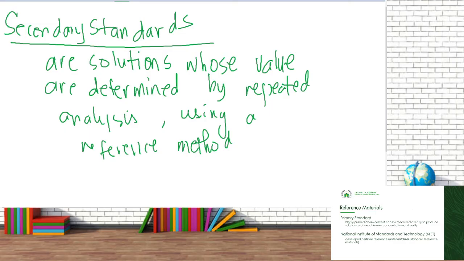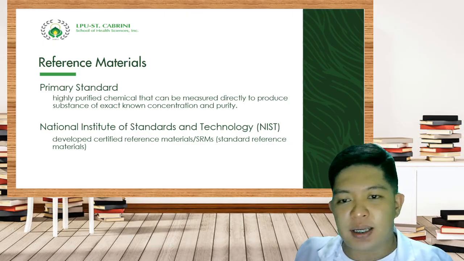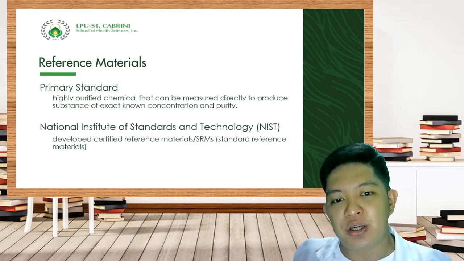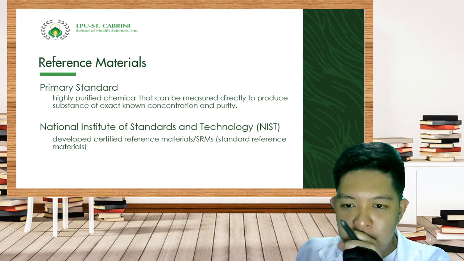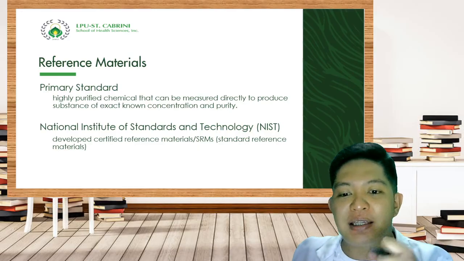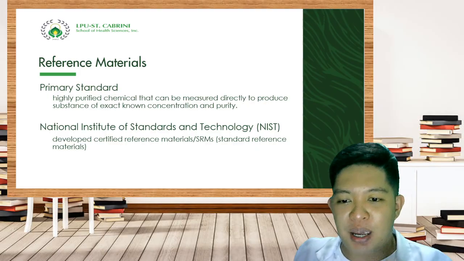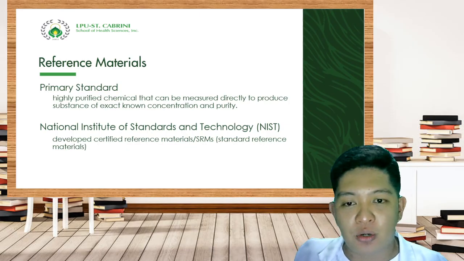Ano po yung pinagkaiba niya? What is the difference between your primary standard and your secondary standard? Kung sa secondary standard na-establish, na-determine using repeated analysis, si primary standard naman, purified chemicals measured to produce a solution with the exact concentration.